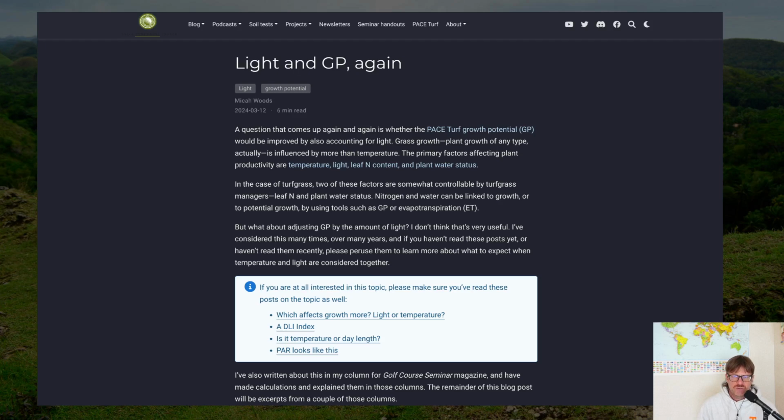And I want to explain the key points of what's in this blog post. And I also want to perhaps say some stuff that's not in the blog post and just try to explain in plain conversational terms why I think it doesn't really help to account for light in the growth potential.